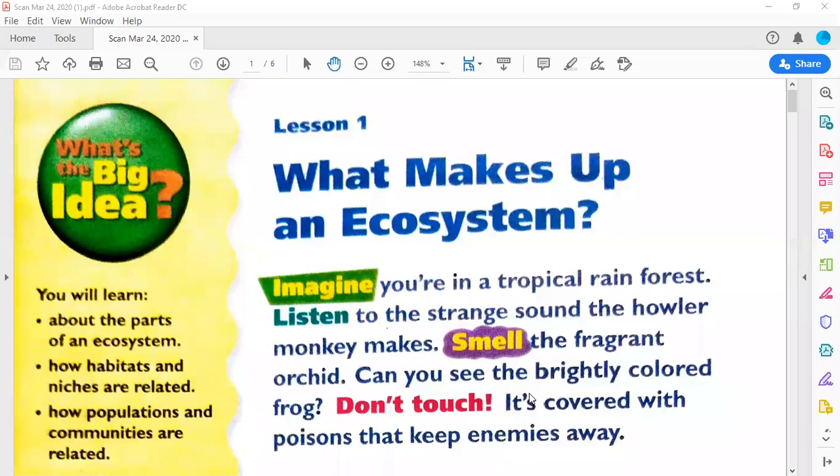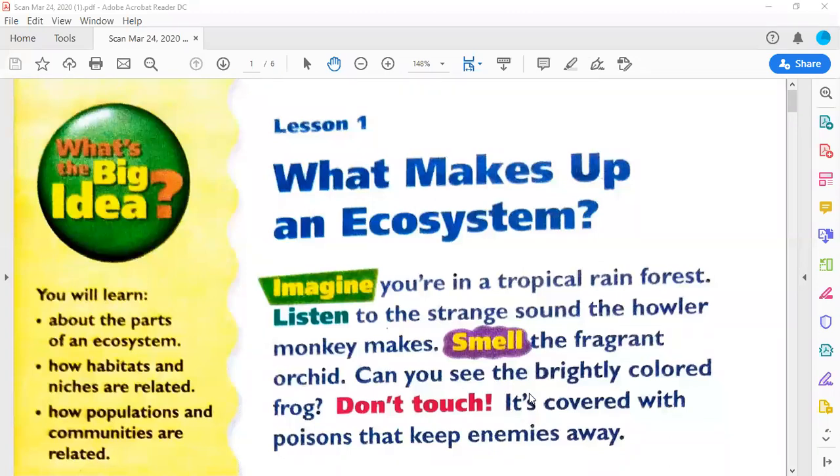Okay, this is the next section. This is lesson one, chapter 6, I believe. We are going to be studying everything about ecosystems. Lesson one is what makes up an ecosystem. It says, imagine you are in a tropical rainforest. Listen to the strange sound the howler monkey makes.